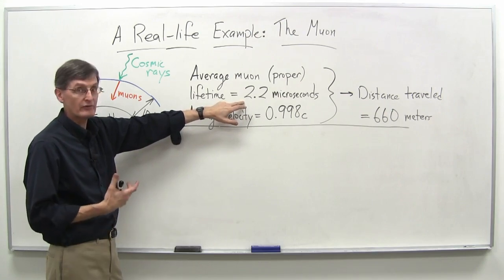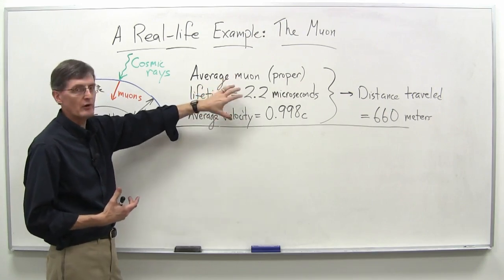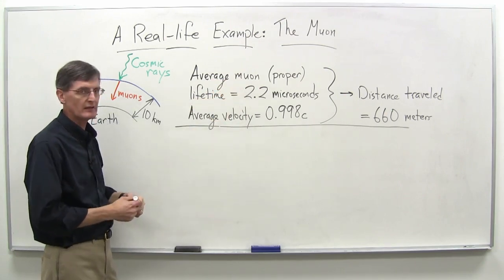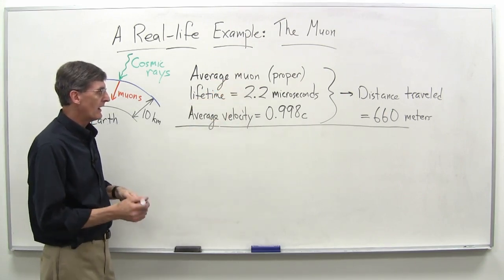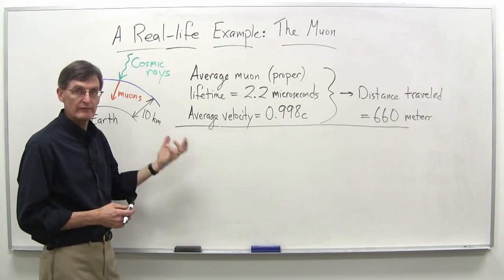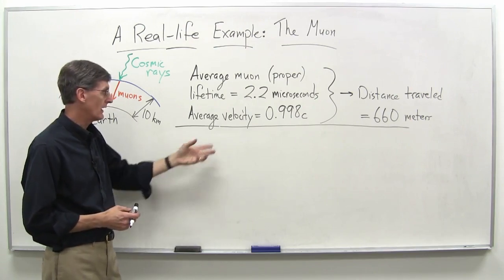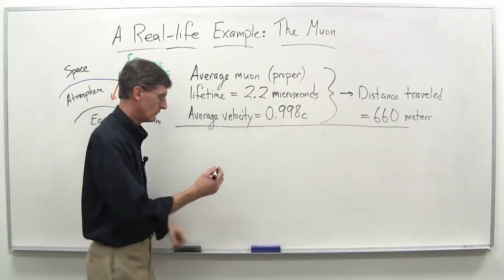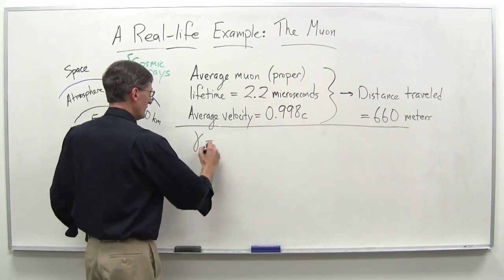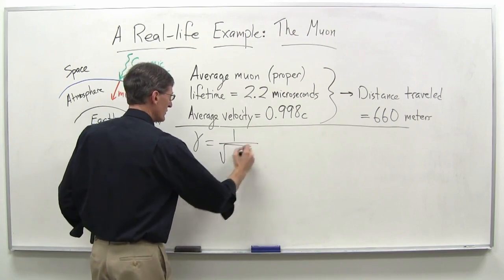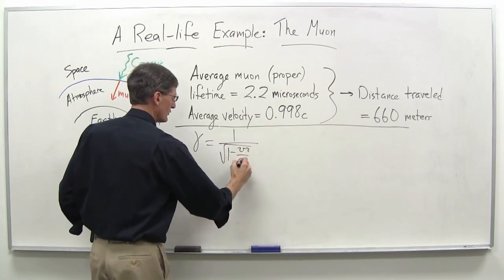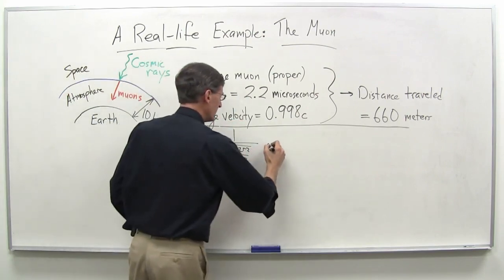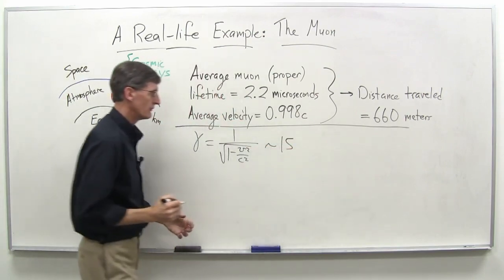So as I'm observing the muon's lifetime, its internal clock ticking away in there, I will see it live longer. If you figure out what 0.998 c is in terms of gamma, our gamma factor, gamma being 1 over the square root of 1 minus v squared over c squared, with this velocity you'll get about 15, something like that.